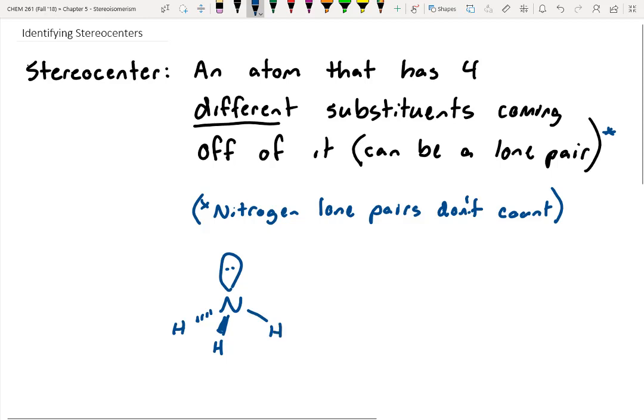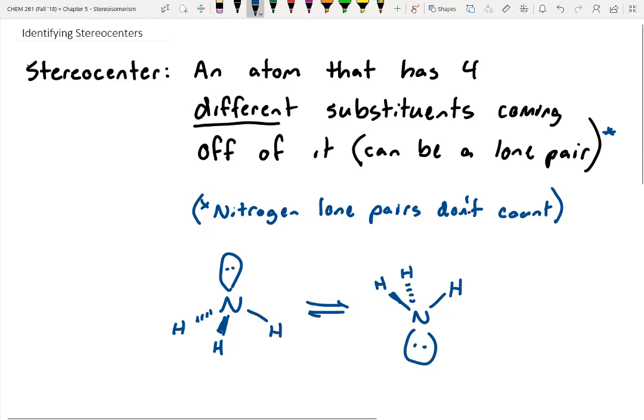What happens really fast is that lone pair can actually tunnel through the nitrogen atom due to weird quantum mechanical behavior. And this can kind of flip inside out like an umbrella. Because of that, we can't really rely on the lone pair being in one spot. It's kind of flipping inside out really fast anytime you have a lone pair on a nitrogen.